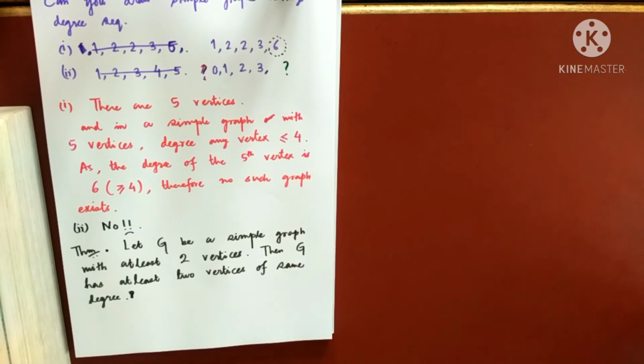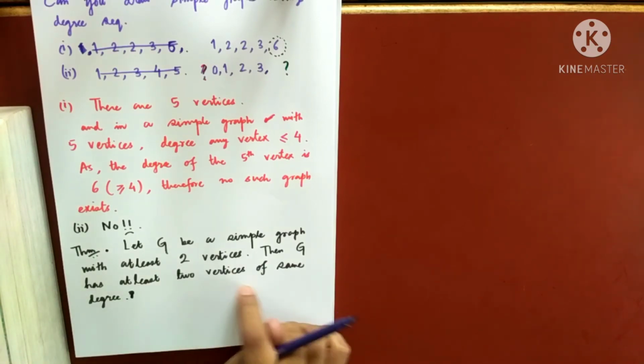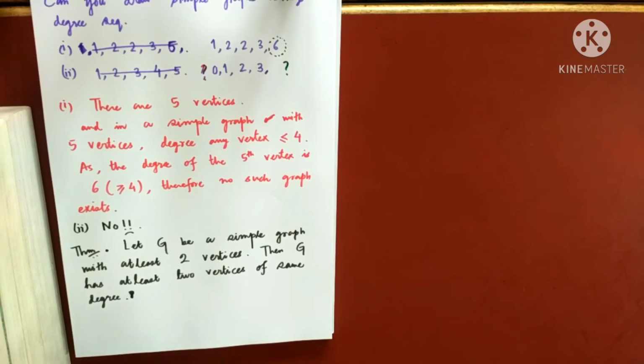The theorem says that in any simple graph G that contains 2 or more vertices, that graph should definitely have at least 2 vertices of the same degree. So in a simple graph, we can guarantee that there must be at least 2 vertices whose degrees are the same.